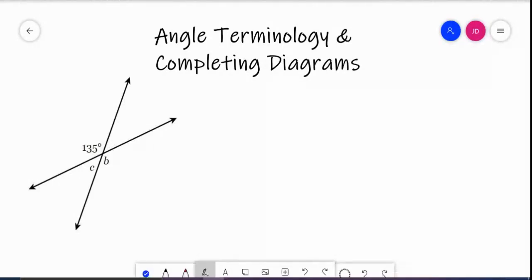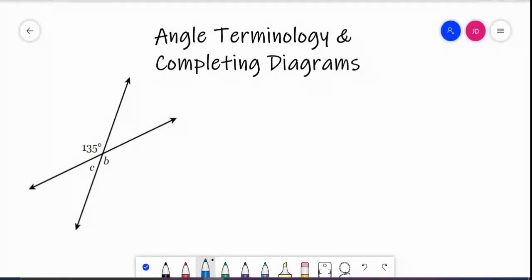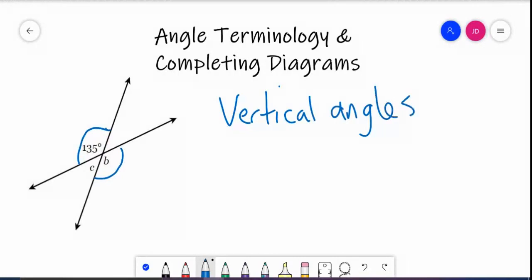The two intersecting lines form these opposite angles here called vertical angles. Vertical angles are angles that are opposite each other when you have two intersecting lines.